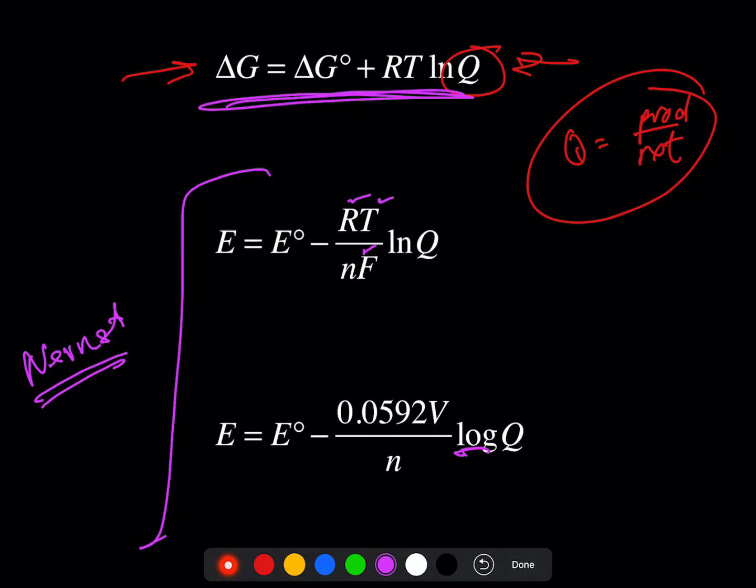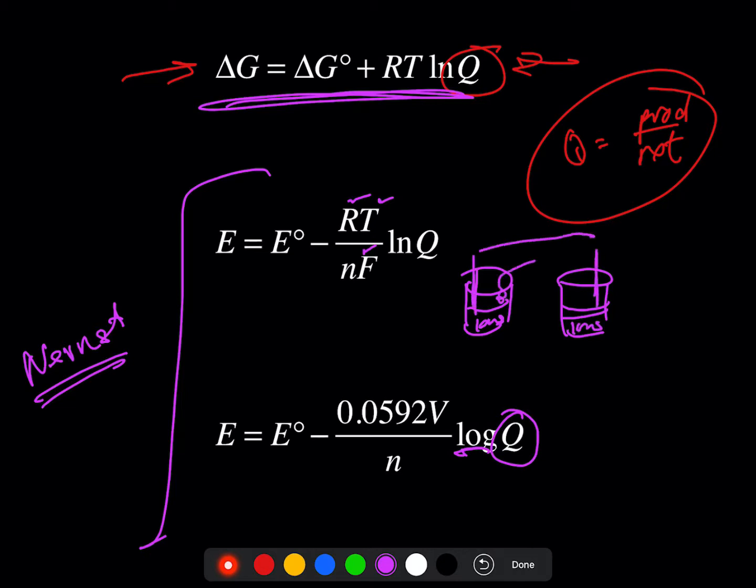But if we think about this, Q is again the concentrations wherever we are at a given moment in time. If we imagine a classic voltaic cell, here we have some ions, here we have ions, and our electrodes, our salt bridge.